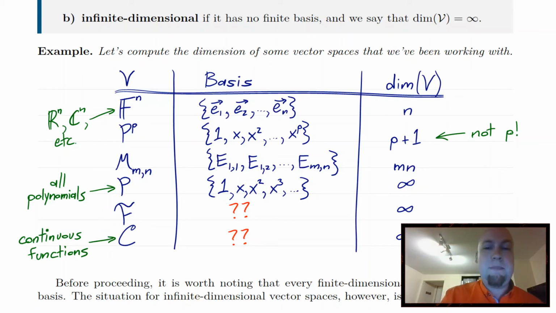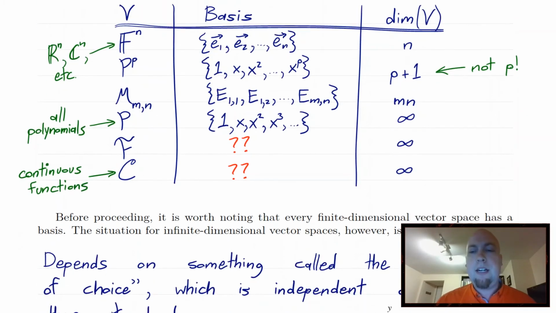It contains P, so it better also be infinite dimensional. And similarly for C, this funky curly C here is the vector space of all continuous real valued functions. Again, it's going to be infinite dimensional just because it contains P. But again, we haven't seen a basis of it yet, and there's a good reason for that. So let's talk about that.